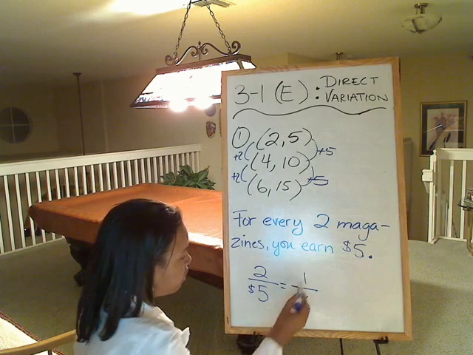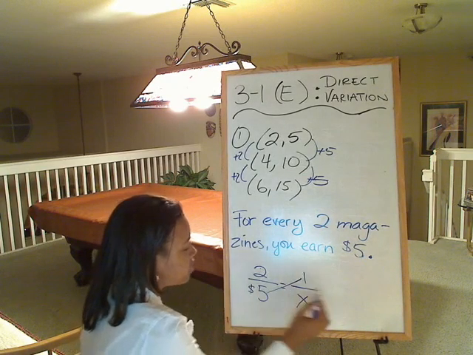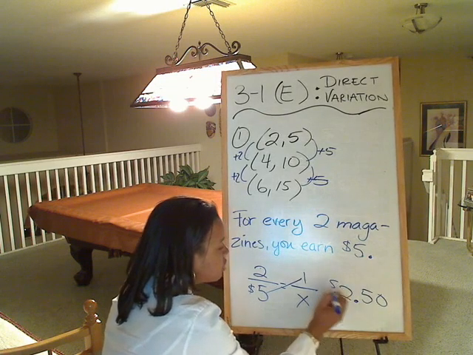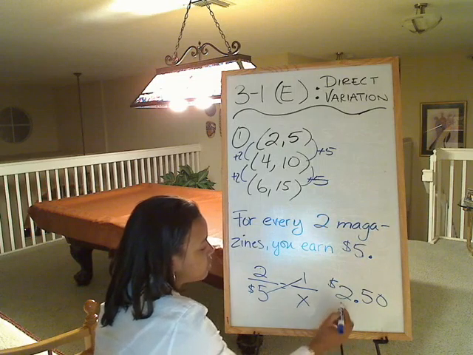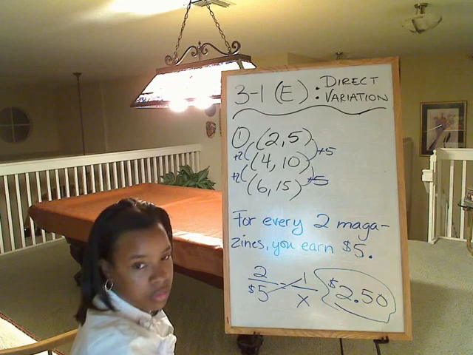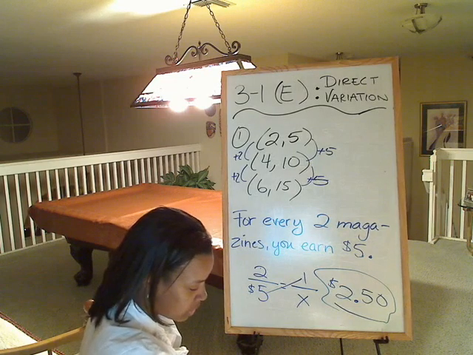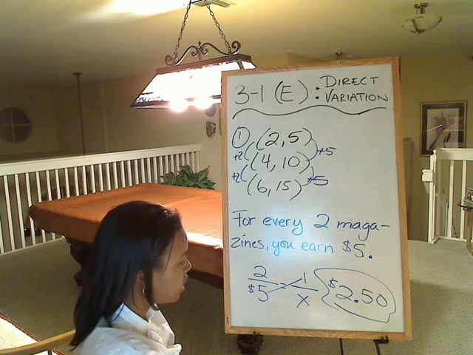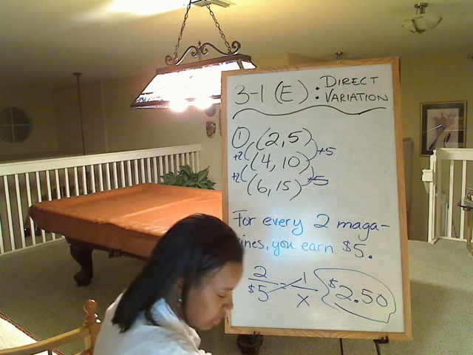Do fish method. 5 times 1 is 5, divide by 2, you get $2.50. That's one magazine. One magazine costs $2.50, or you earn $2.50 for one magazine. Okay?